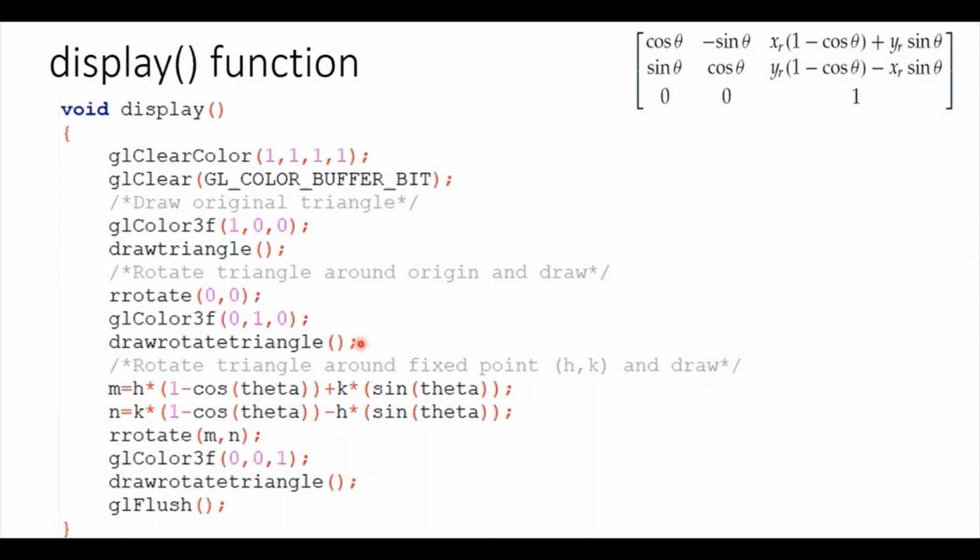Then it sets the M and N values, that is the translation effect, the transformation effect in the rotation around a fixed point, and then I am performing rotation using the updated rotation matrix, that is by passing M and N, and then I am drawing the resultant triangle, and I am flushing the output.